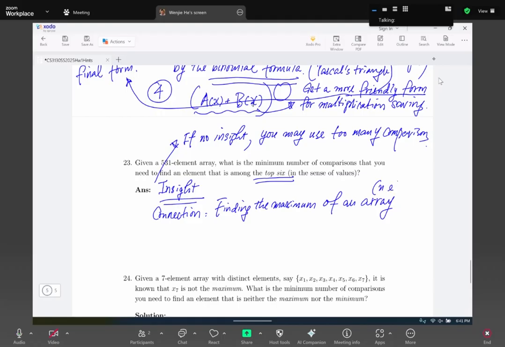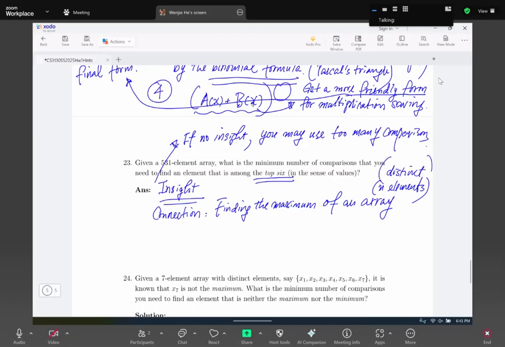N elements. Now, here you can assume distinct elements, because the equal case needs a little more discussion. So here you can assume distinct.